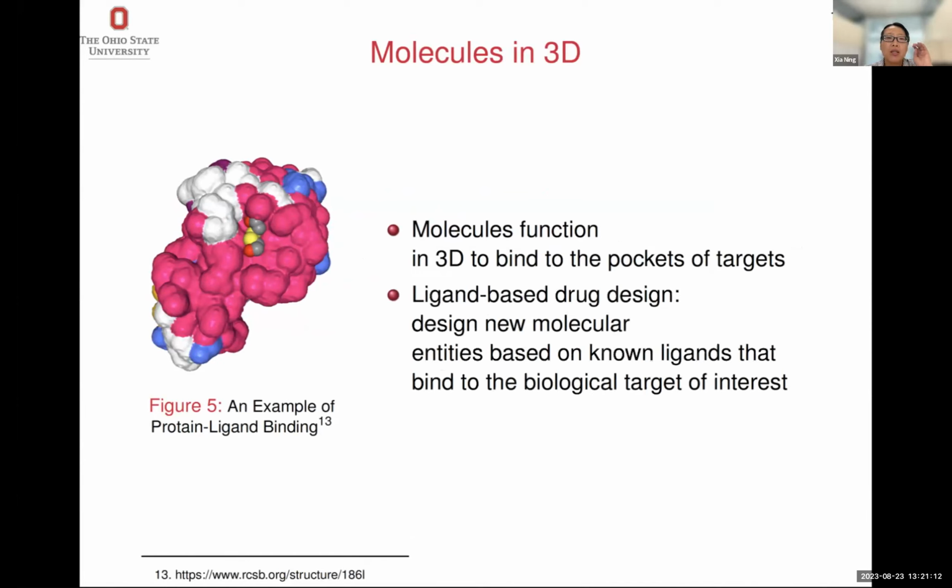This is a very important idea for ligand-based drug discovery, drug design. So the idea is after the high throughput screening, we know which molecules can bind to the targets, and we want to design better molecules based on those molecules called ligands. And we want to design the 3D structures for those new molecules.